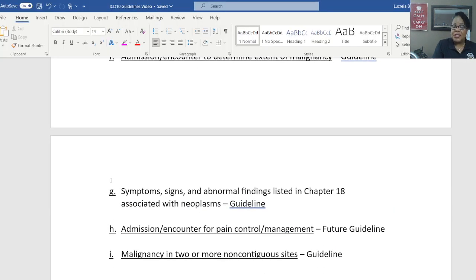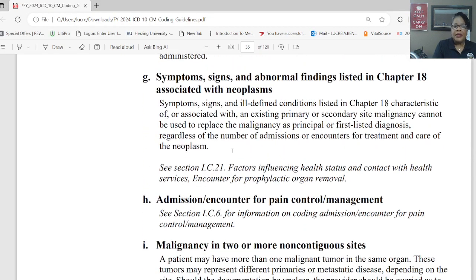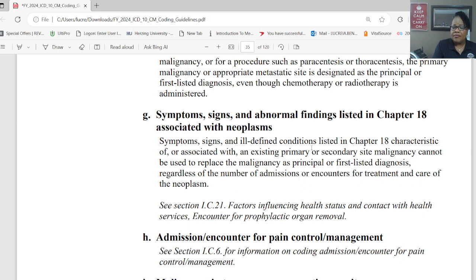And then G, symptoms, signs, and abnormal findings listed in Chapter 18 normally in our ICD-10-CM codebook that are associated with neoplasm. What's the guideline on that? G. Symptoms, signs, and ill-defined conditions that are in Chapter 18, characteristic of, or associated with an existing primary or secondary site malignancy cannot be used to replace the malignancy as principal or first listed diagnoses, regardless of the number of admissions or encounters for treatment and care of the neoplasm.